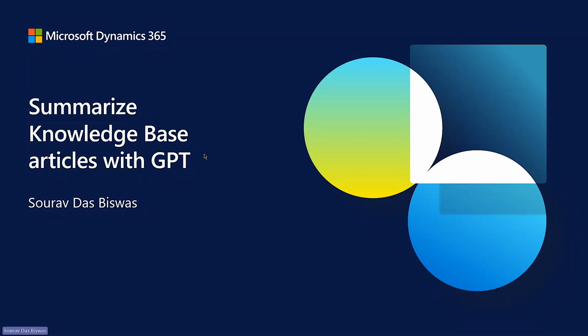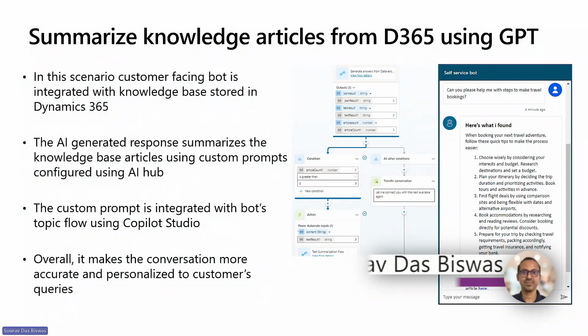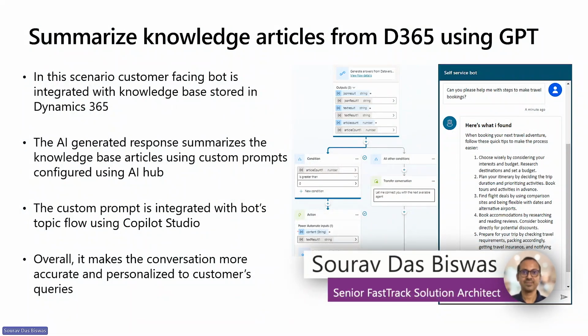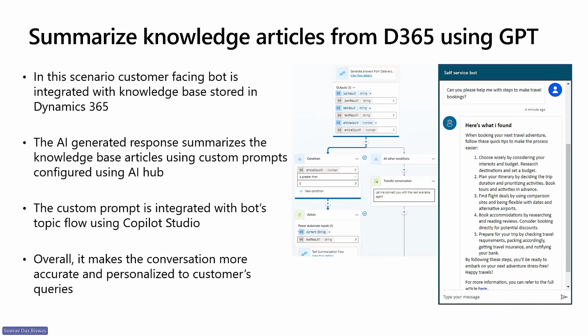Thanks, Michelle. Hello, everyone. Today, in this article, we are going to see how knowledge search can be integrated into your bots, which can provide customers with a self-service option, allowing them to find information they need quickly and easily. The knowledge articles retrieved from Dynamics 365 contain a lot of information.